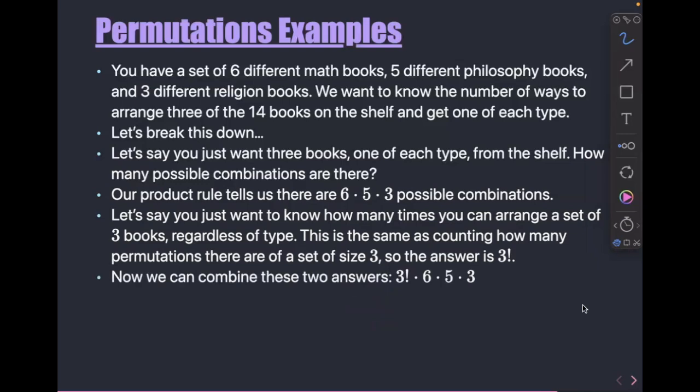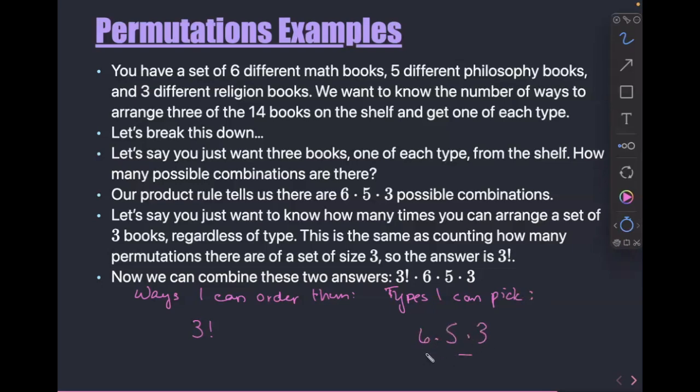So that's 3 factorial. And now I can combine these 2 answers. So 3 factorial is the number of different ways I can order it. The ways I can order them is 3 factorial, and the types I can pick, we'll call it, was our 6 times 5 times 3, right?